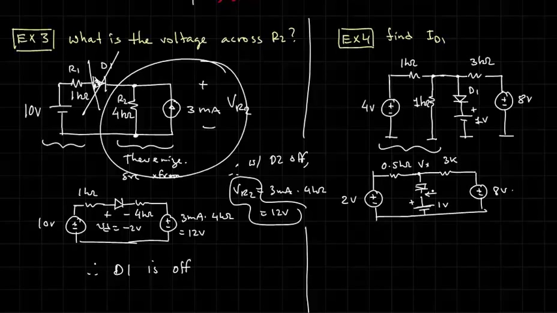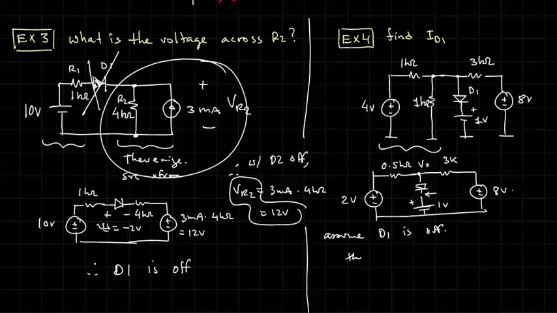And so if Vx, the anode end, is less than 1 volt, then that diode is off, and I will be done with the problem. If Vx turns out to be greater than 1 volt, then I have to conclude the diode is shorted, and I need to solve this problem with the assumption that the diode is on. So let's assume that D1 is off.